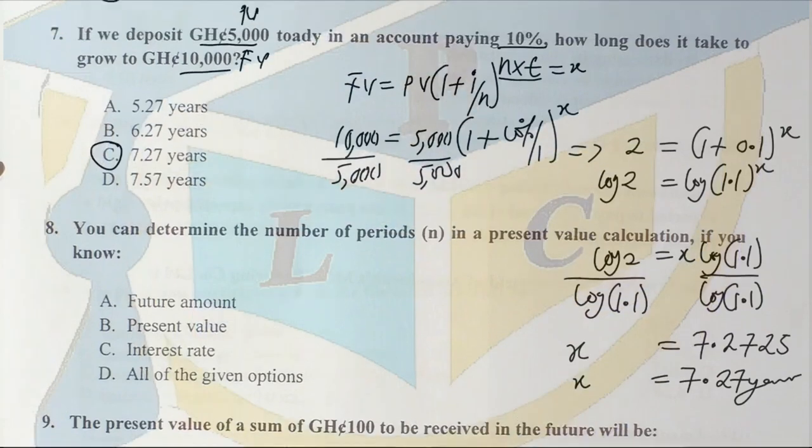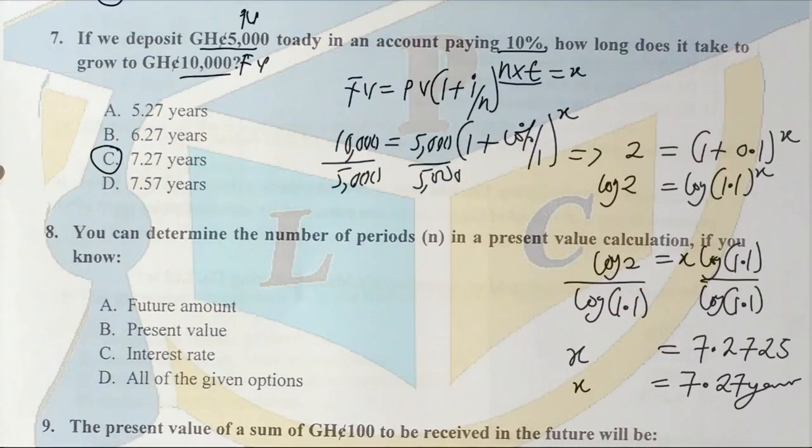So that is for question 7. Here we were given the present value, the future value, and the interest rate. If you remember in my previous video, the links are in the description section, we said that if it is compounded annually, our future value should be equal to the present value multiplied by 1 plus the interest, all to the power of n, because at the end of the day it is compounded annually, that's 1.